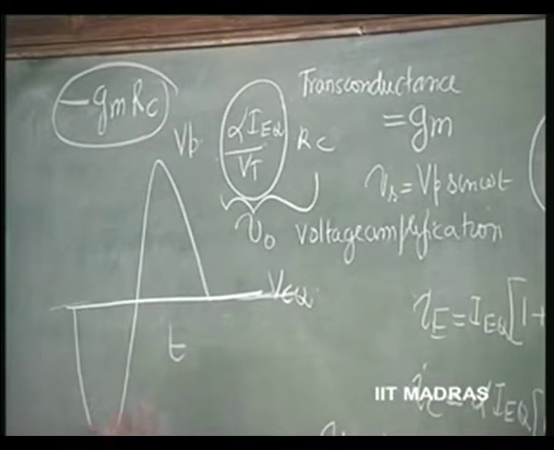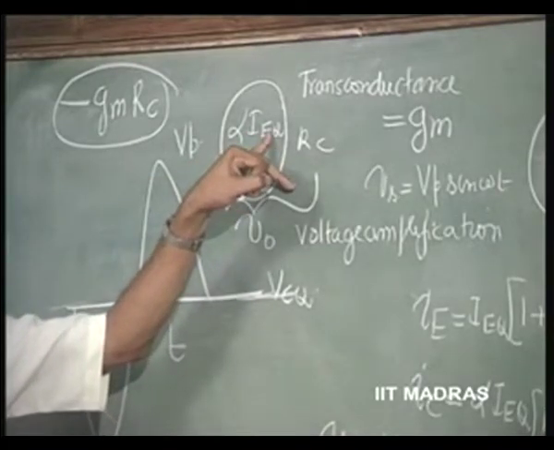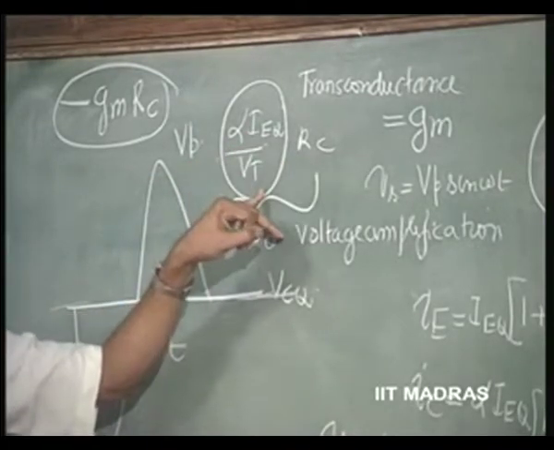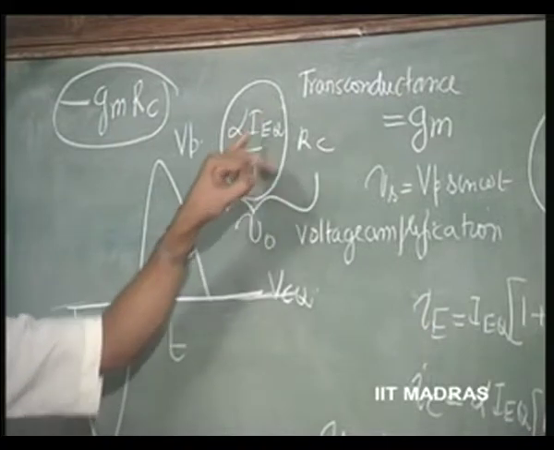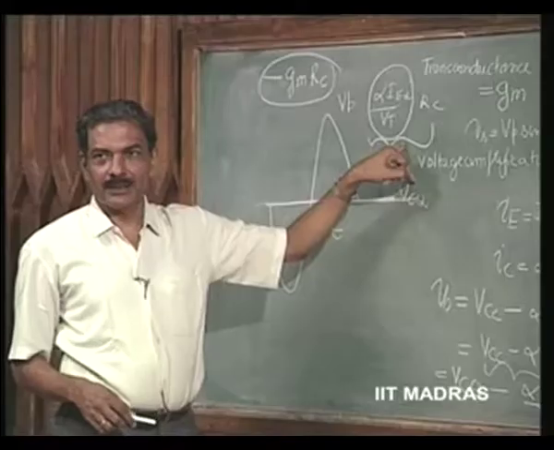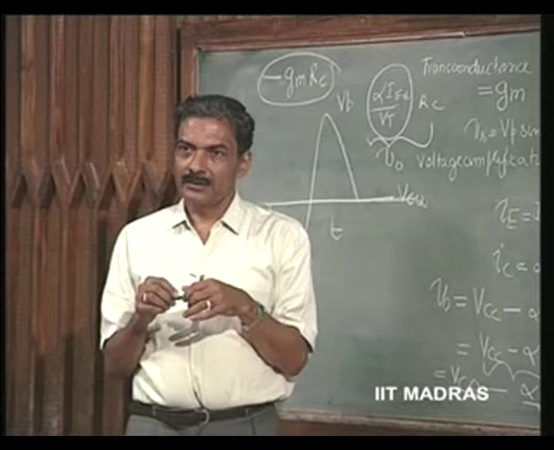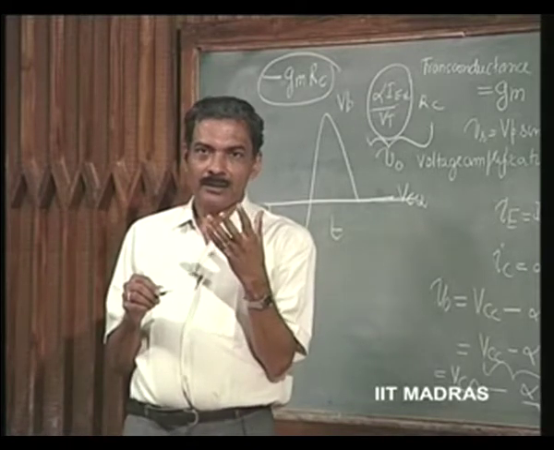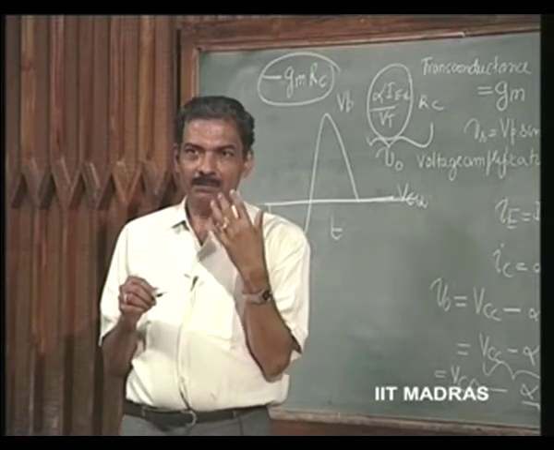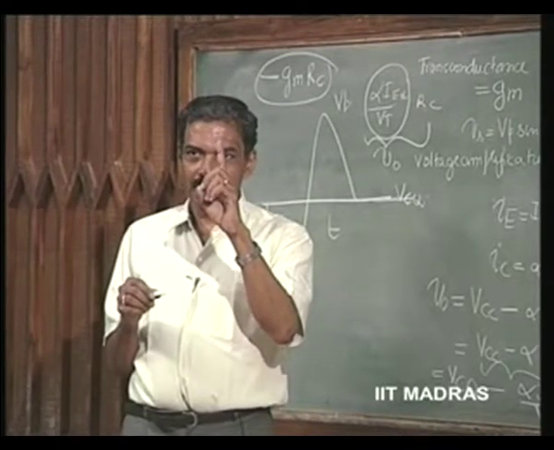So, typically for example, for 1 milliampere of operating current, if VT is 26 millivolts, 1 by 26, or we can take it as 1 by 25, is going to be 40 millisiemens, a typical transconductance of a bipolar junction transistor for 1 milliampere operating current.